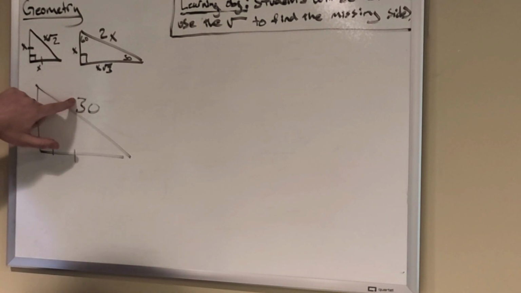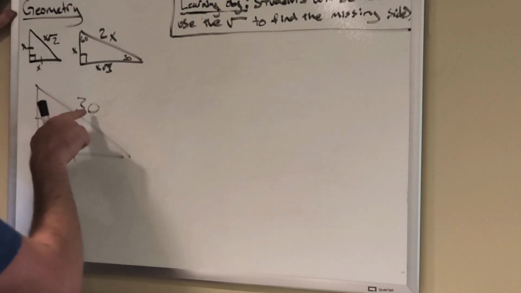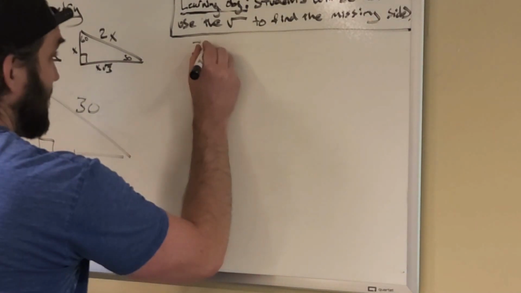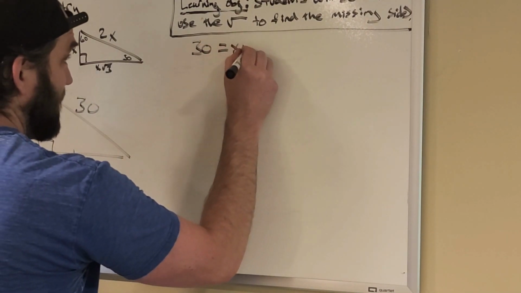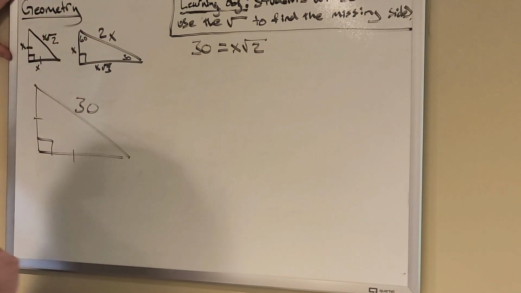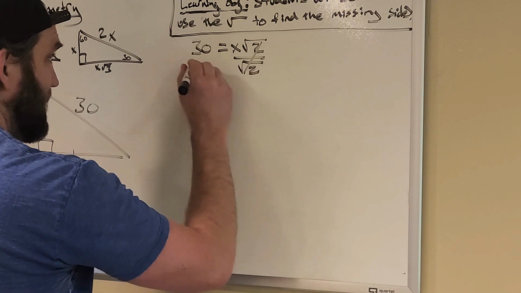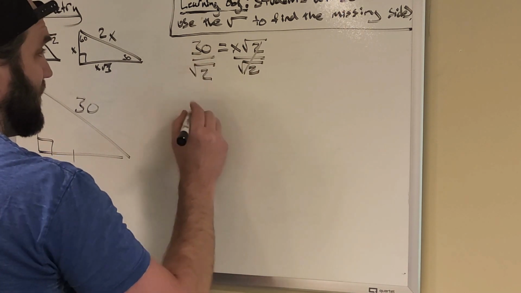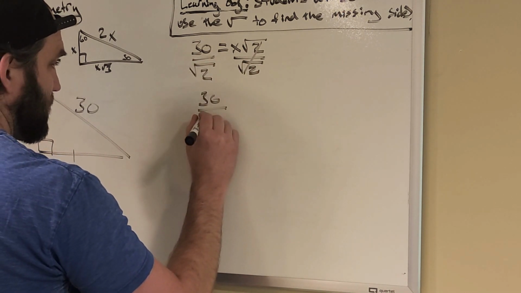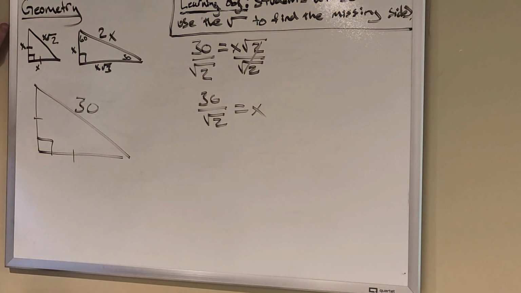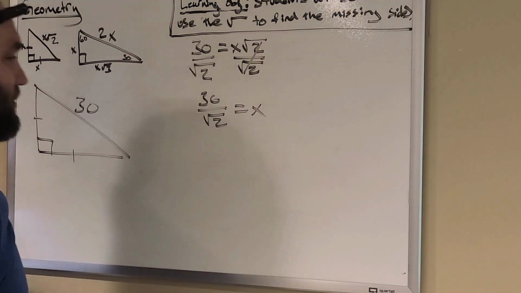Let's take the 30, because I know the 30 is equal to x square root 2. I make an equation: 30 equals x square root 2. And I just solve. Divide by square root 2 on both sides. I have 30 over square root 2 equals x. Great. Now let's simplify. Let's get that square root 2 out of the bottom.